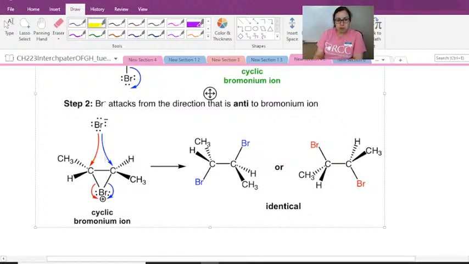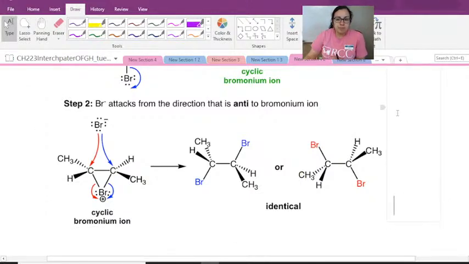It doesn't matter which one it adds to, but then that forces those electrons off, again resulting in the anti-addition. Technically you could get these two different products, but they're the same by rotation, so you just get one product.